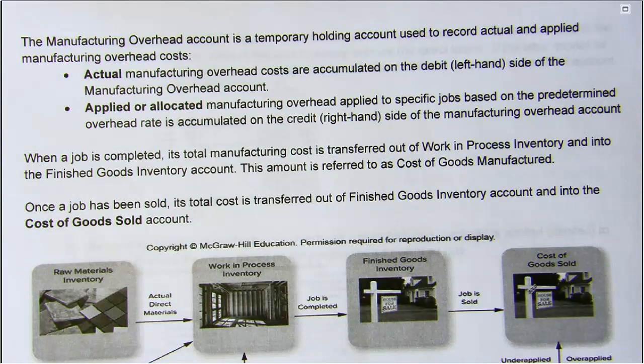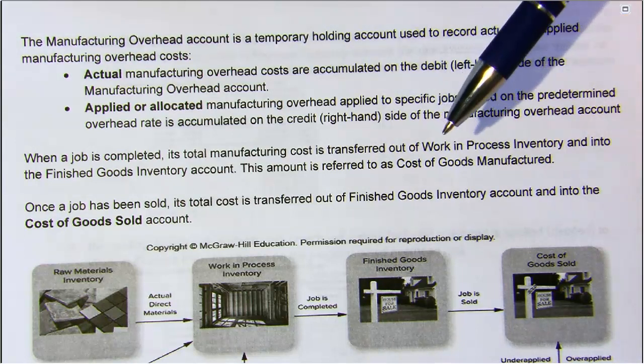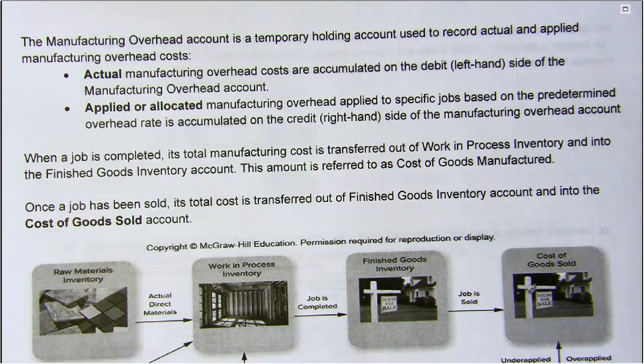And you would credit accumulated depreciation. As you are recording factory utilities or factory property taxes, you would debit the manufacturing overhead account, and you'd credit accounts payable or cash. So for every cost that is indirect in nature, we would debit manufacturing overhead instead of an expense account if it occurs in the factory.